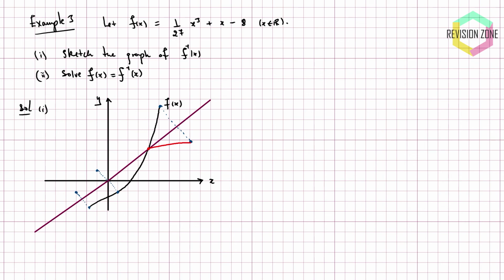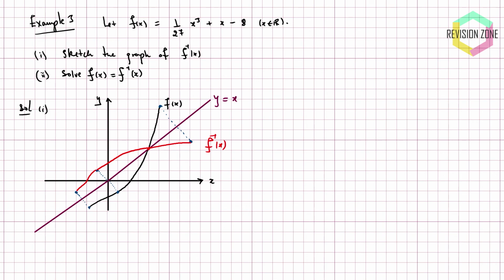So let's now join these points up as well. We actually will end up with something like this and like this. So it's not the best of sketches, but I hope it gets the message across. So this graph here now is the graph of our inverse function, and of course I should have marked that this line here was actually the line y equals x. So we've managed to do the first part.